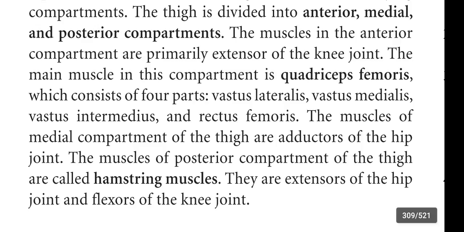The next compartment is posterior. The posterior compartment of the thigh has muscles called hamstring muscles. These hamstring muscles act as extensors of the hip joint and flexors of the knee joint.